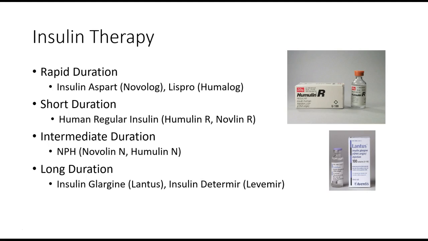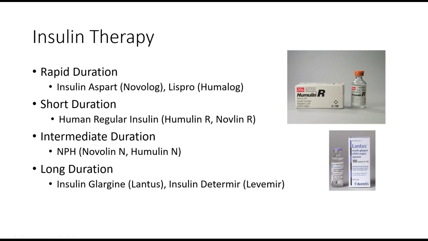I don't expect you to memorize what the durations are and the onset and peak. I just want you to keep in mind what the rapid insulins are, the Novolog and the Humalog, what the short duration ones are. That's your regular insulin, Humulin R, Novolin R. Intermediate, there's really only one type. It's NPH.